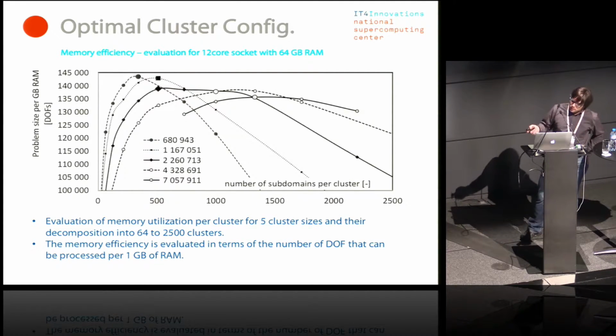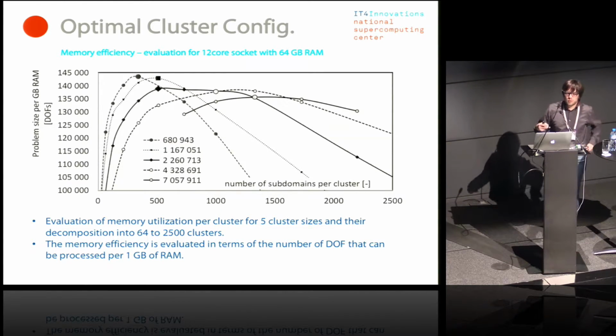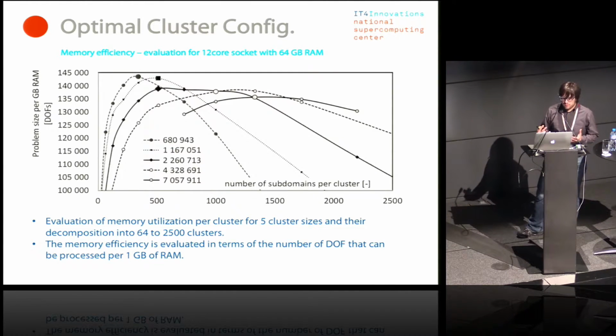On the other hand, you have a cluster which is the least efficient. That's the cluster which has 7 million unknowns. And you can see that memory-wise, it is the least efficient, because the hybrid FETI objects are getting larger.